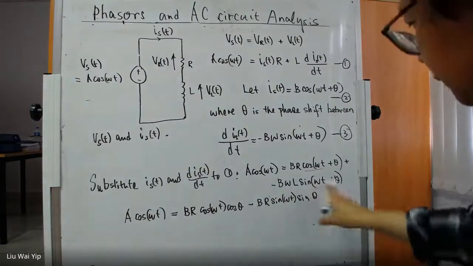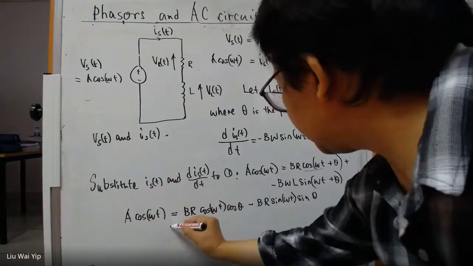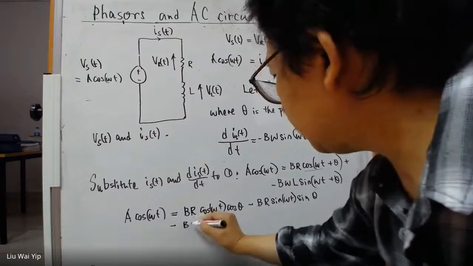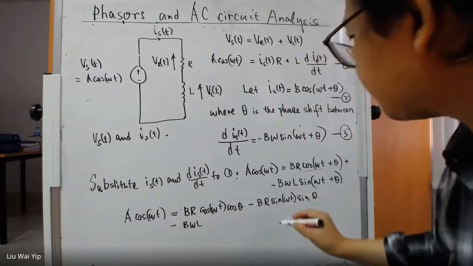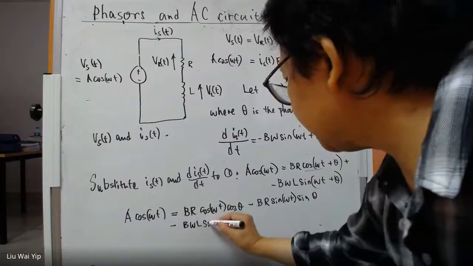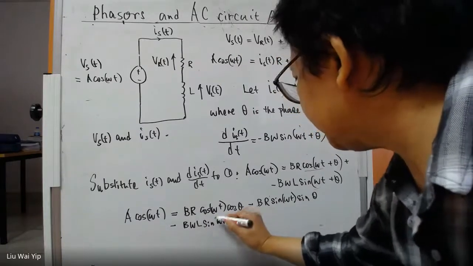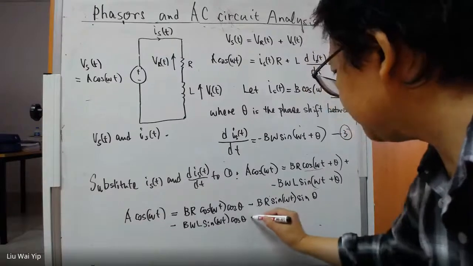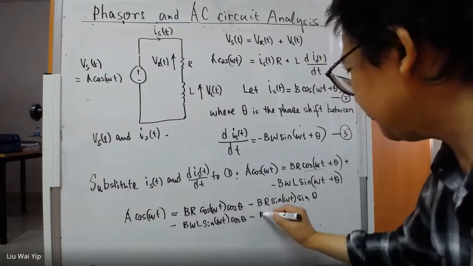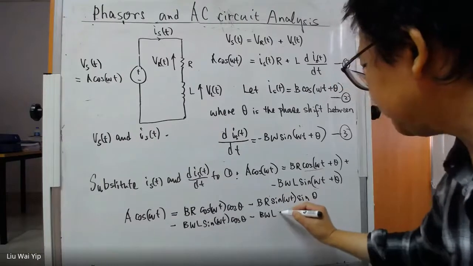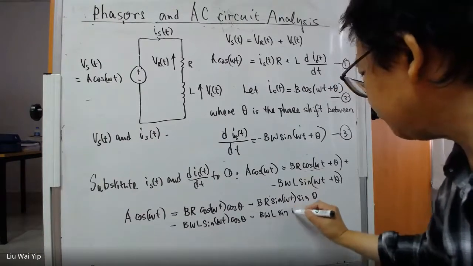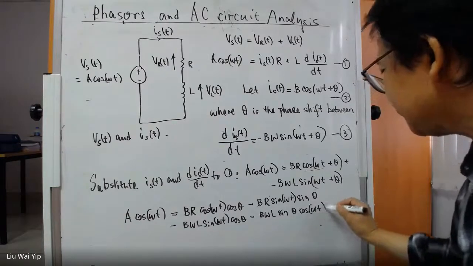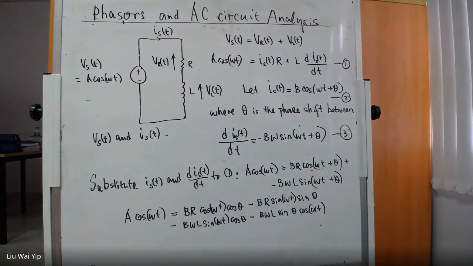And if you continue this process, then you will end up with B omega L sine omega t cos theta, and then minus B omega L sine theta cos omega t. Wow, this is not an easy process.